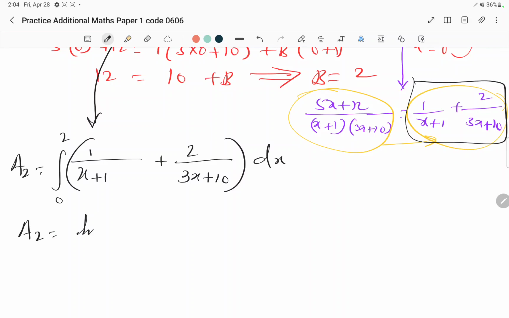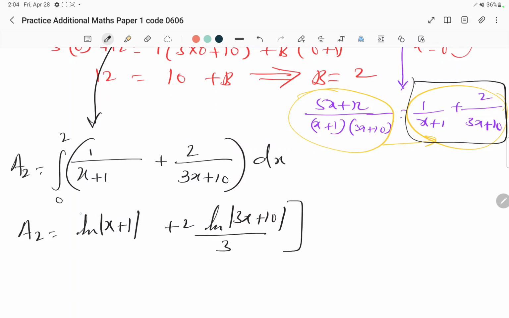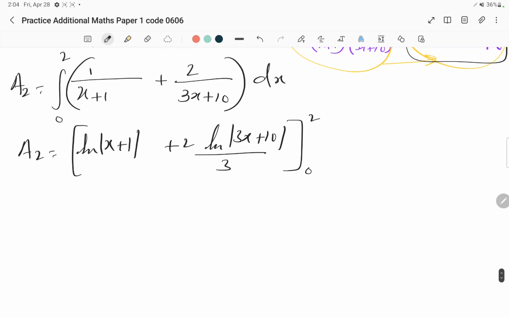1 over x plus 1 integrates to ln of the modulus of x plus 1, then plus 2 times 1 over 3x plus 10 is ln of the modulus of 3x plus 10, but the x coefficient will come in the denominator. Now we have to put the limits, 0 to 2. So A2, just put x as 2 here: ln of 2 plus 1, which is ln 3, plus 2 over 3 ln of, put x equals 2, so 2 times 3 is 6, 6 plus 10 is 16, ln 16.